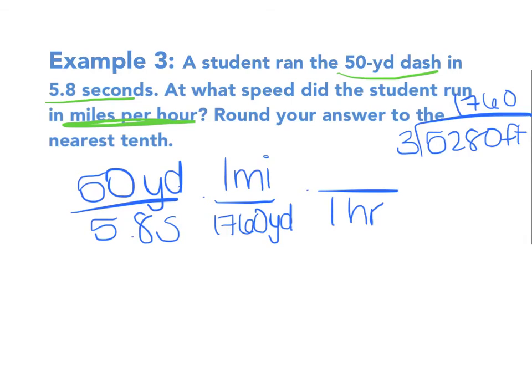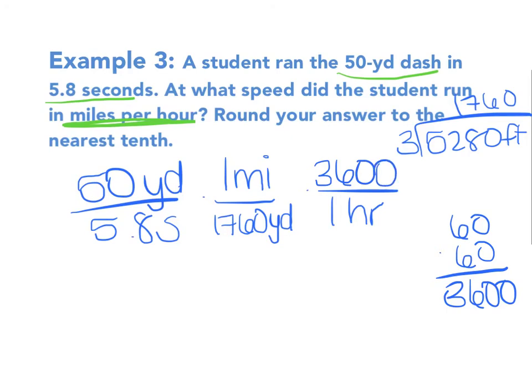And how many seconds are in an hour? To do that, there's 60 seconds per minute and 60 minutes per hour. So 60 times 60 is 3,600. So I have 3,600 seconds per hour.